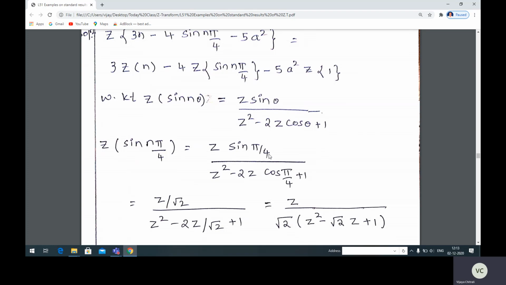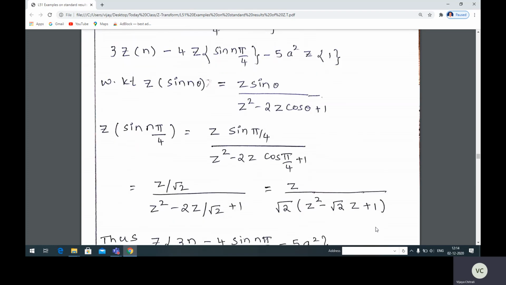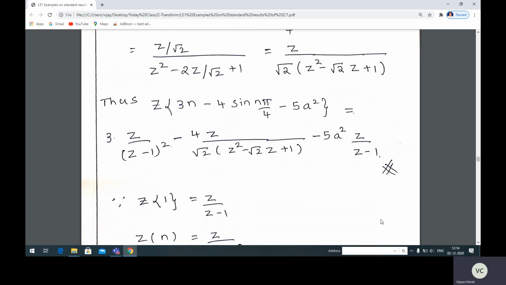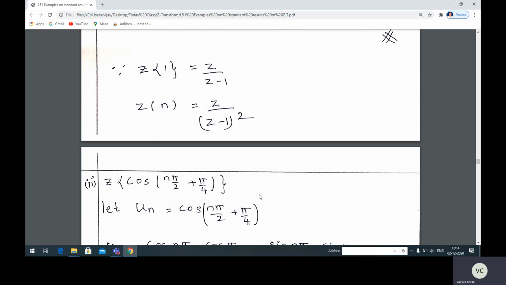We can write this, the root 2 cancels, and we get z divided by root 2 z square minus root 2 z plus 1. Now substituting in equation 1, z transform of 3n minus 4 sine n pi by 4 minus 5a square is equal to 3z divided by z minus 1 raised to 2 minus 4z divided by root 2 z square minus root 2 z plus 1 minus 5a square z divided by z minus 1.